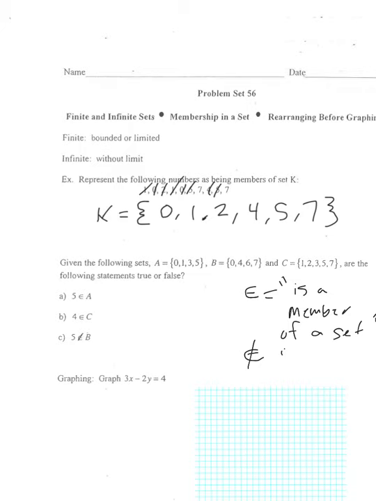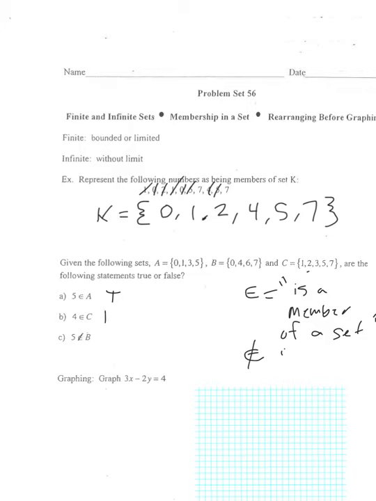So the little E looking bit says is a member of a set. So we're meant to say, given the sets that we have, are the following statements true or false? So I look at A, and I would read that as 5 is a member of set A. So I go up to set A, and I see that, yeah, 5 is in that list. So this would be a true statement. For B, 4 is a member of set C. Well, I'm going up to set C, and I'm not seeing 4 on that list.